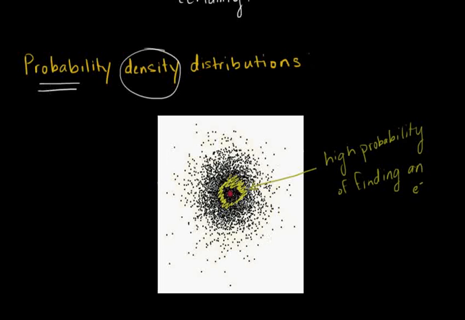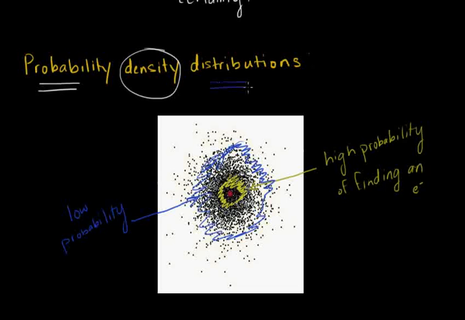What about out here, where the density is lower? So farther away from the nucleus, in this case, probably a hydrogen atom. Because the density is lower, there's a low probability of finding an electron that far from the nucleus. So a high density indicates a high probability of finding an electron, and a low density indicates a low probability.